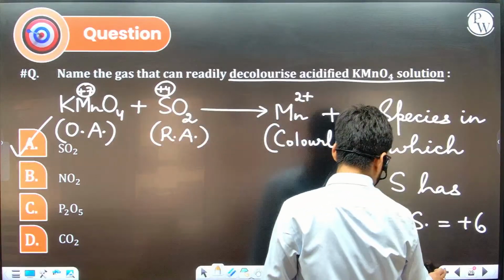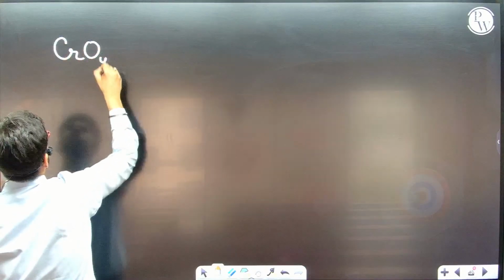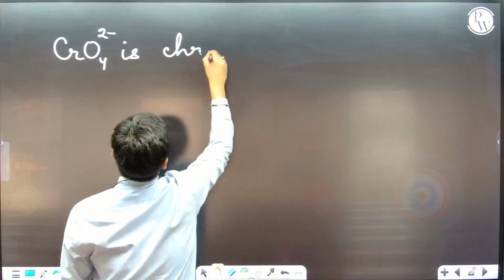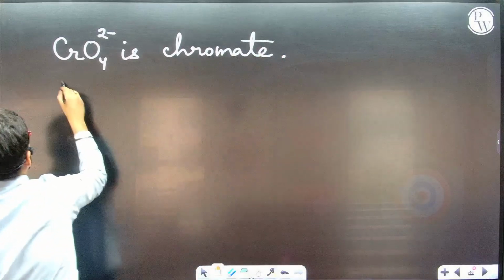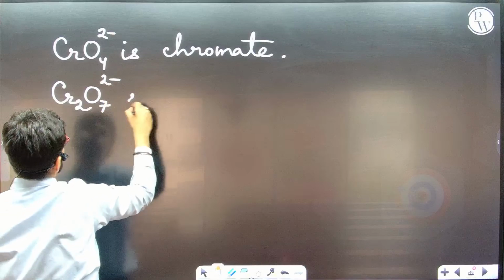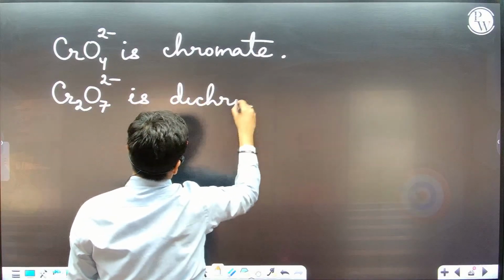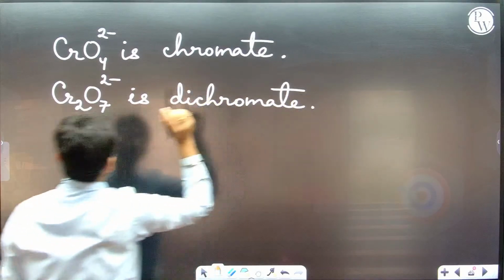That means we have chromate ion, that is CrO4 2-, and Cr2O7 2- is dichromate. You have to be thorough with the structures of these. Right?